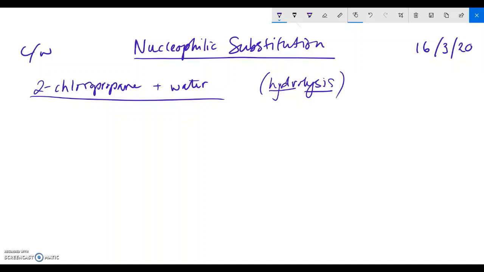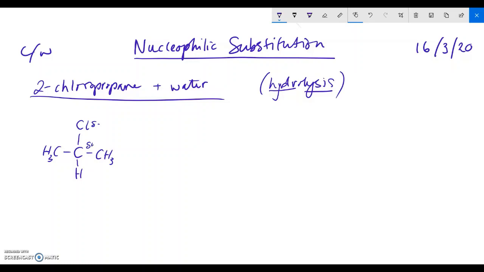Right, okay, so 2-chloropropane this time. So we've got our carbon, and let's add on our Cl, and this time the Cl's added at the secondary position, so we've got a CH3 group on either side of that carbon, which is bonded to the Cl, and we've got a H. And again, as always, we want to label delta minus and delta plus.